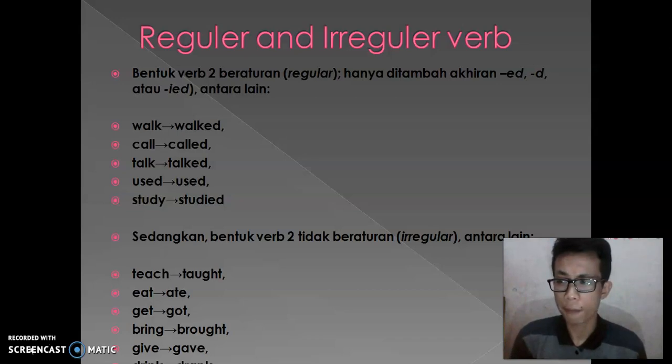So you can understand the differences between regular and irregular verb, and how we know that a word is a regular or irregular verb. Maybe you can see from your dictionary. There's a list of regular and irregular verbs. Or maybe you can search on the internet, you can browse there.